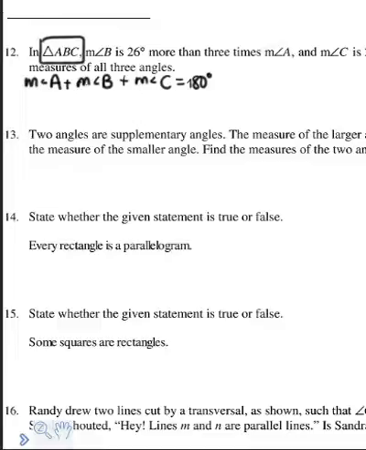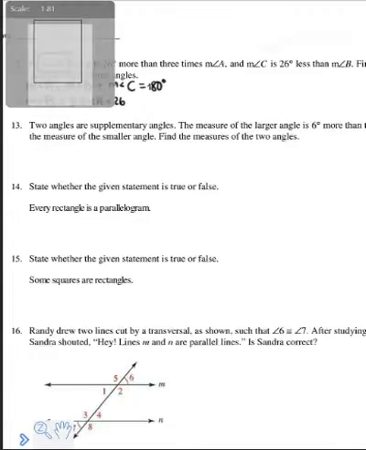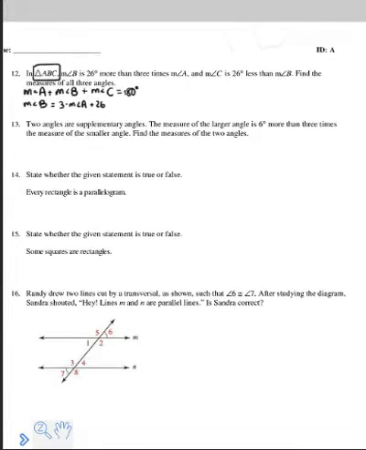Then it says measure of angle B is 26 degrees more than 3 times measure of angle A. So 3 times measure of angle A plus 26. And then it says angle C is 26 less than the measure of angle B.